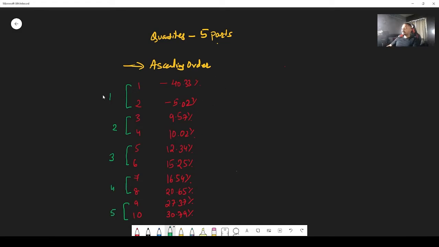Now once I have the quantiles, the calculation is much easier using the percentile. If we are interested in the fourth quantile, we are looking at this point here, and you can clearly see that in terms of the number of observations, this is the 8th observation. Or you could also say that 80% of the observations lie below this, right?